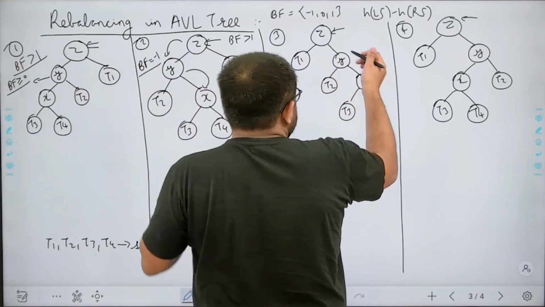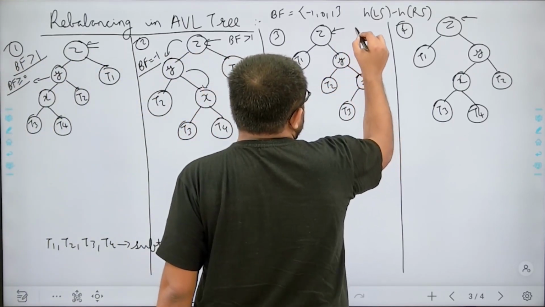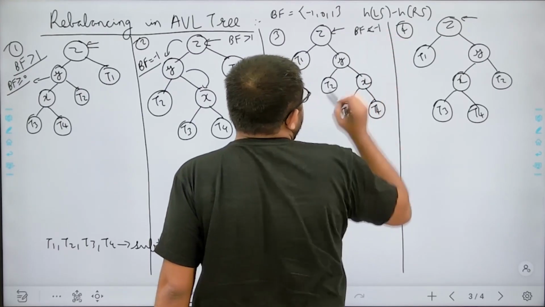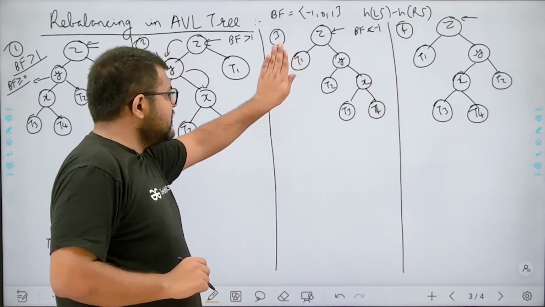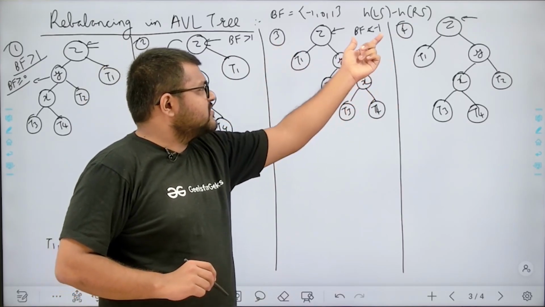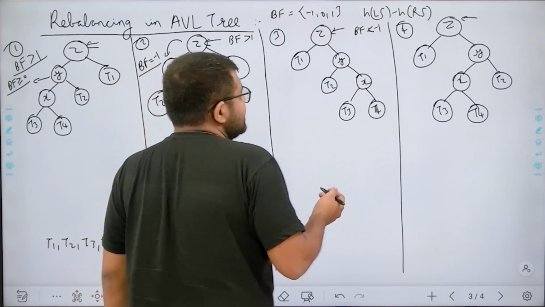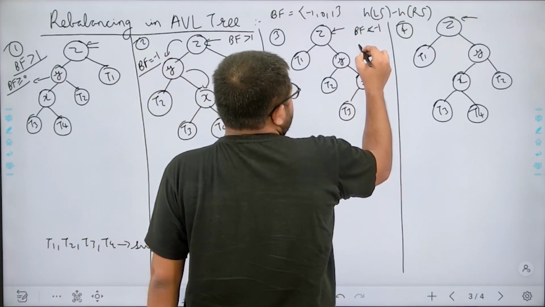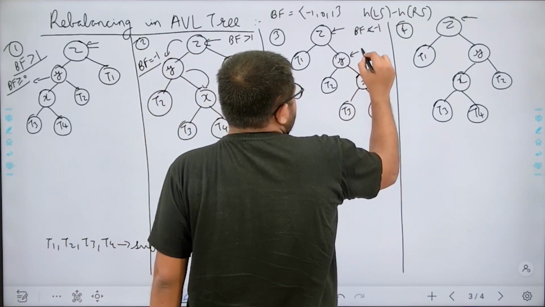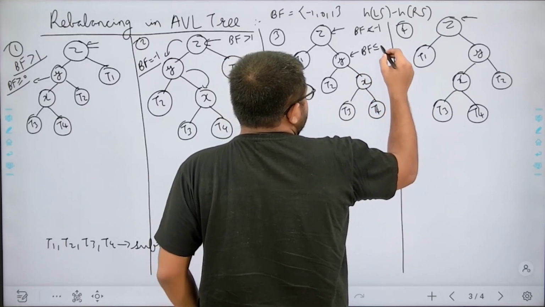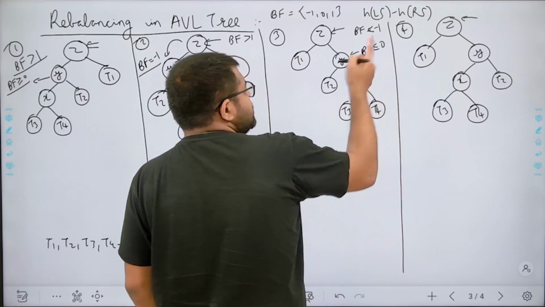Similarly here y is on the right hand side, so the balancing factor for z would be less than -1, because the height of the left subtree minus the height of the right subtree should be less than -1, only then it can be imbalanced. And x is also on the right hand side when the balancing factor of y is less than or equal to 0, so it should be either 0 or -1.